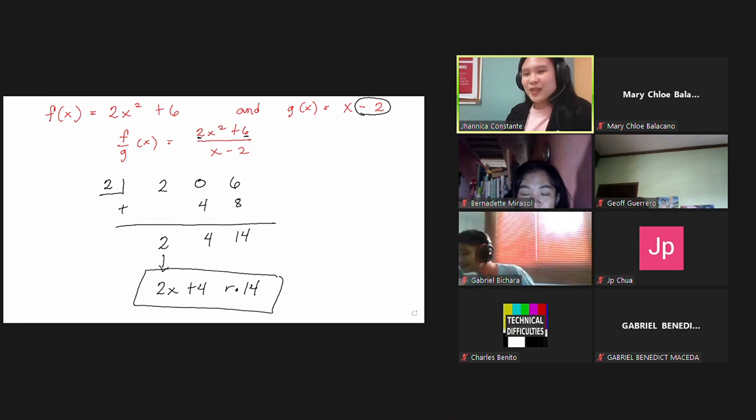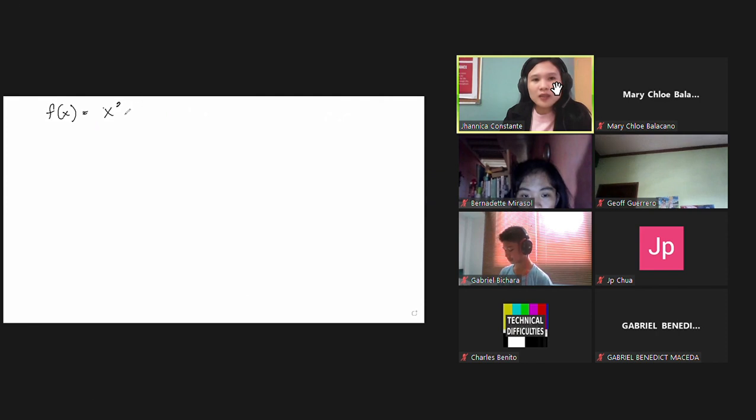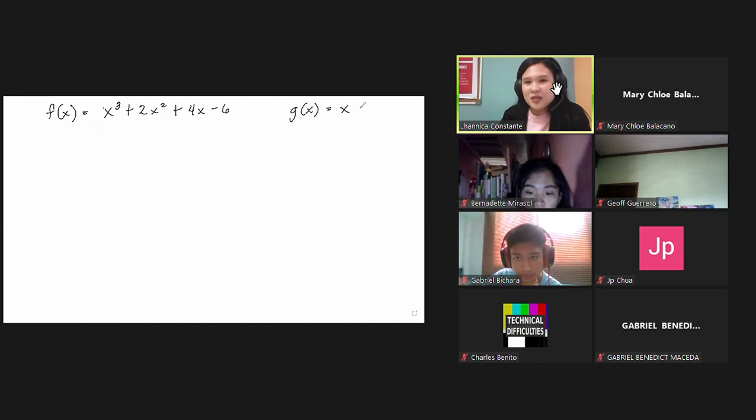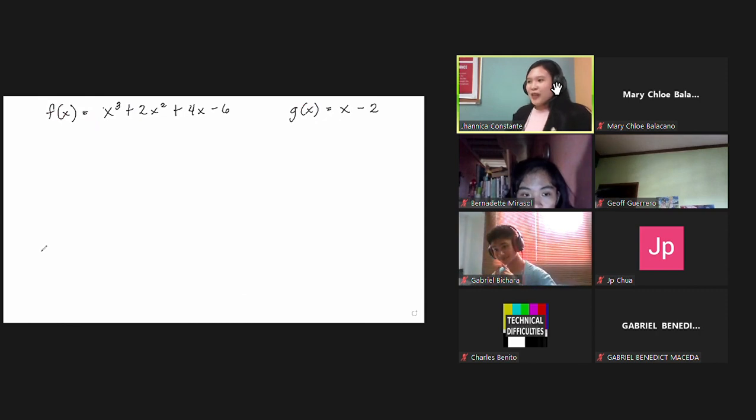Okay, for example, we have this equation. We have f of x equals x cubed plus 2x squared plus 4x minus 6, and we have the function g of x equals x minus 2.